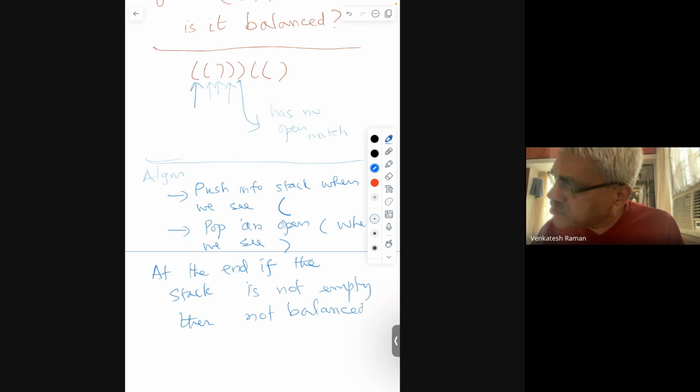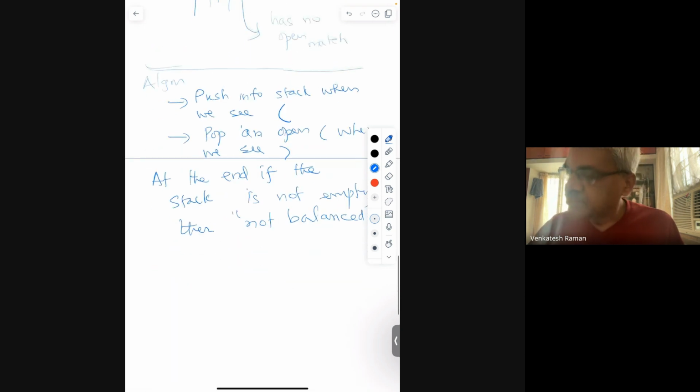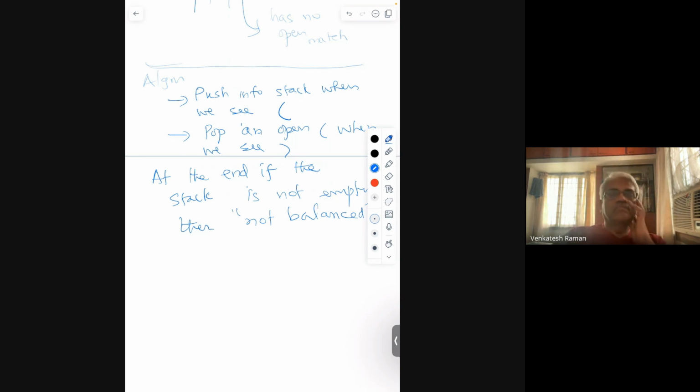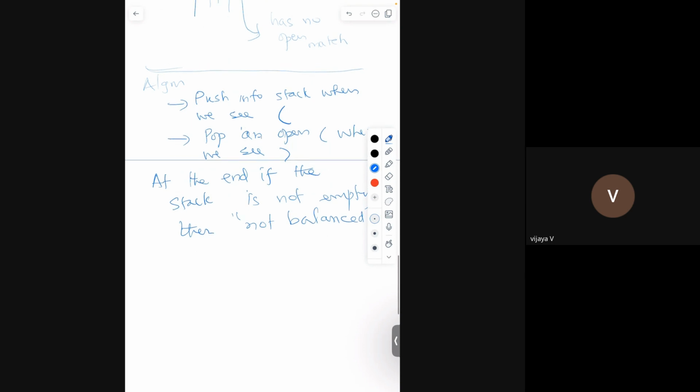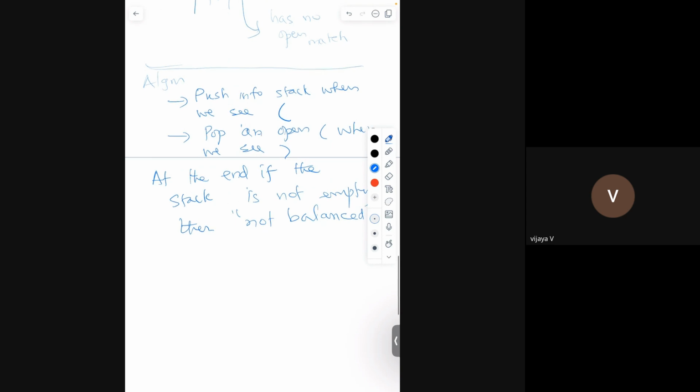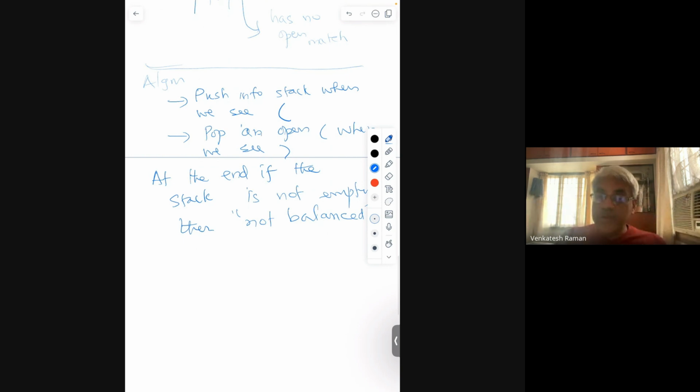Is that the only time it's not balanced, or are there other situations where it won't be balanced? You see a closed bracket, but there is nothing in the stack to pop. Correct. Not even at the end, even in between. Even in between, you're saying, hey, I'm seeing a closed bracket, so pop from the stack, but stack has nothing.